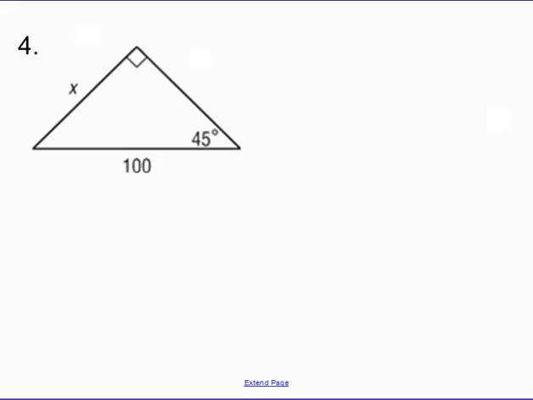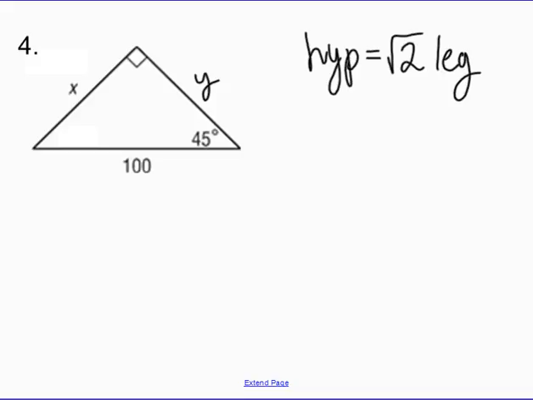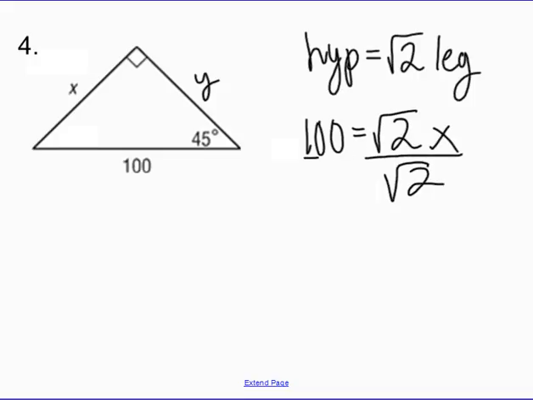Again, here we go. We have the hypotenuse and I need the legs. So if I have the legs, I multiply by radical 2 to get the hypotenuse. If I'm going to go backwards, I'm going to divide by radical 2. This is the formula to help you out with that. But sure enough, when I plug in these numbers, I have to divide by radical 2, which is exactly what I was saying.